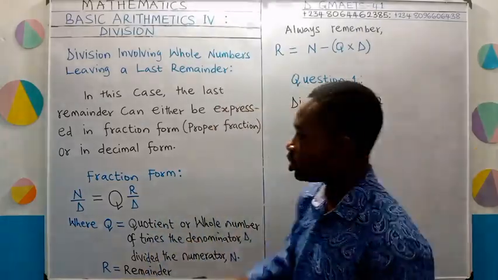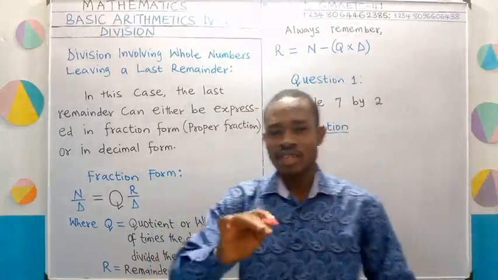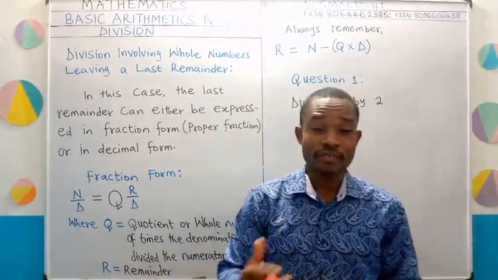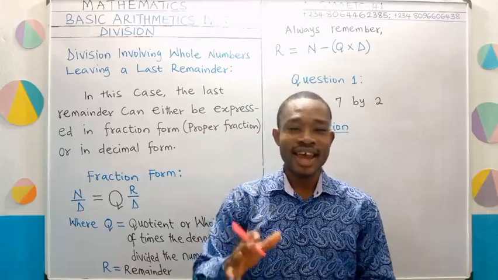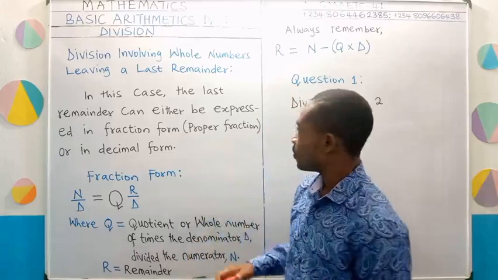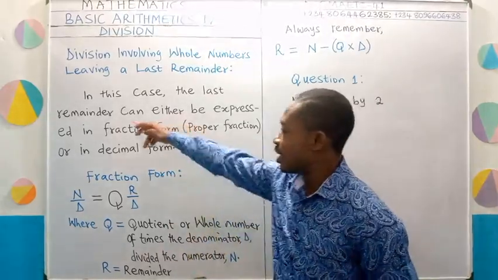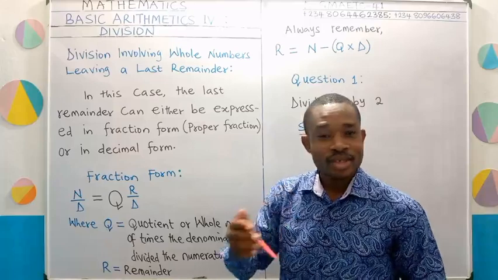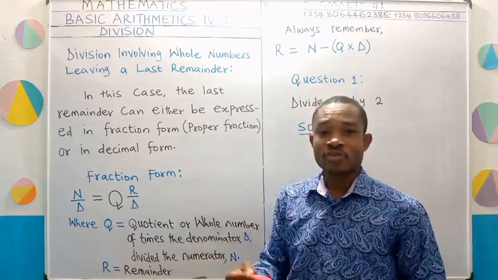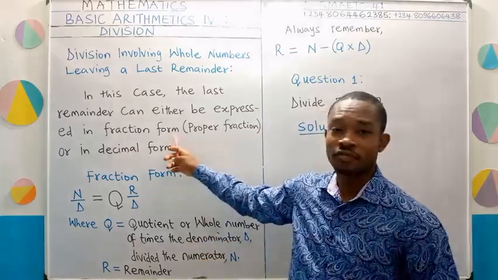Now on the board here I have this short note. In the case where you are dealing with division involving whole numbers, leaving a last remainder, that last remainder can be expressed in two ways. One of the ways could be expressing that last remainder in fraction form.